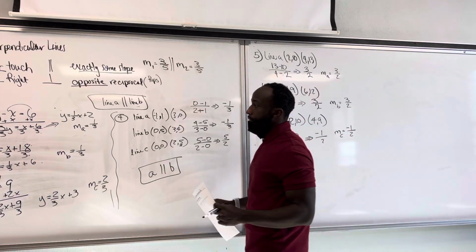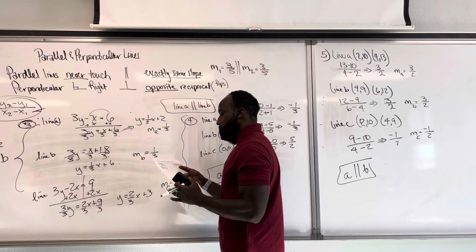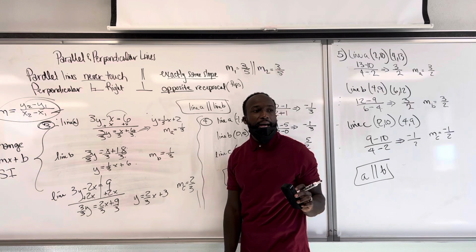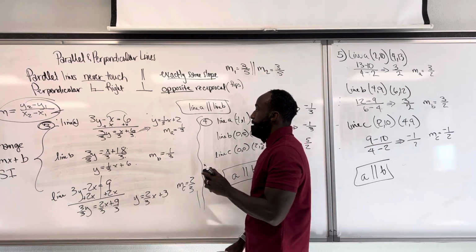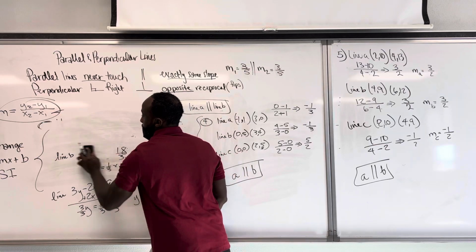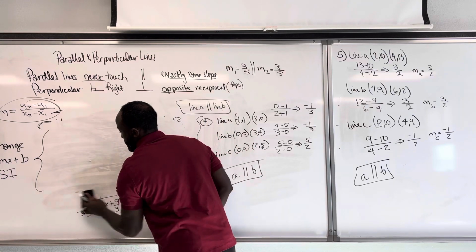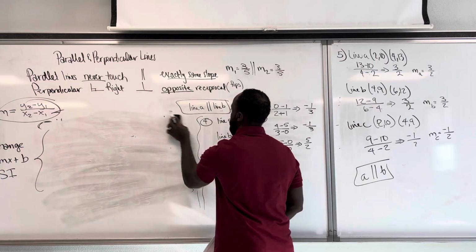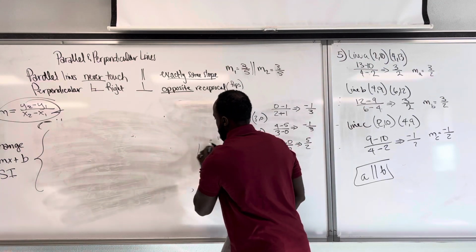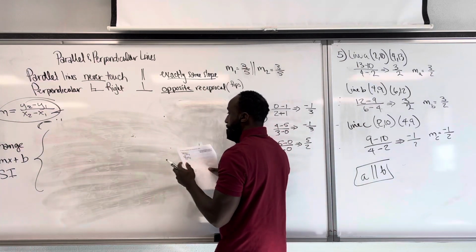All right, let's come over here to do number 6. Number 6 is a lot like number 3. We have 3 equations, and we're going to find the slope from those 3 equations. Okay? So, again, like number 3, we're going to have to change these equations to be y equals mx plus b. Here we go.